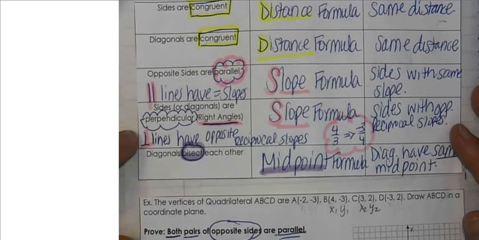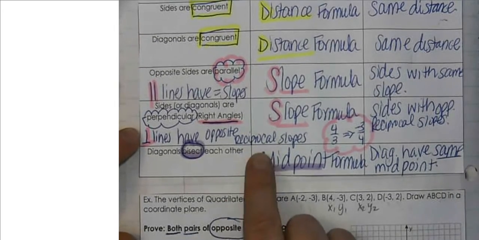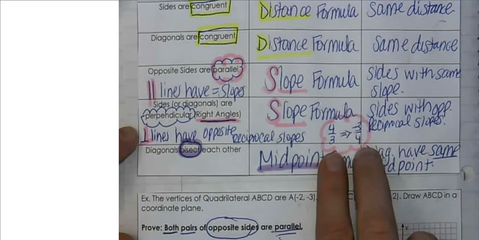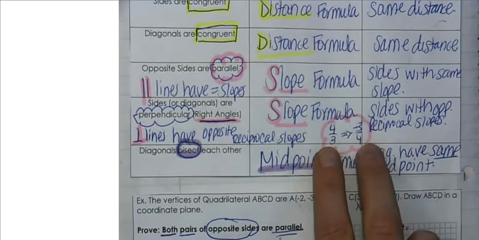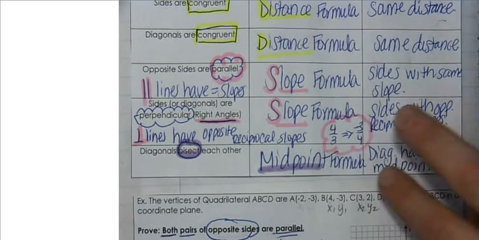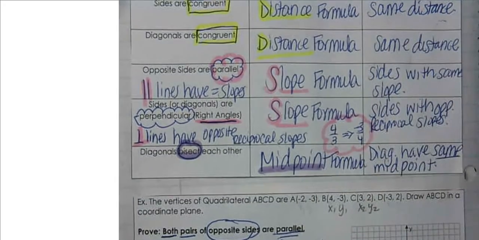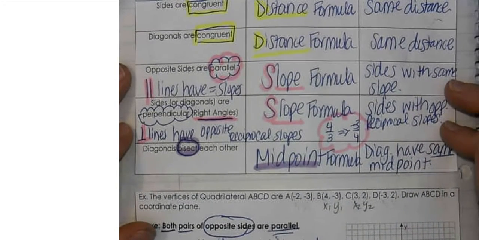If you notice that the slopes are opposite reciprocals, that means they have the same numbers, but one is positive, one is negative, and the fraction has been flipped. So we flip the fraction, switch the sign. That is an opposite reciprocal. If you notice that, then that means you have right angles. If that relationship doesn't exist, then you do not have right angles. So we use the slope formula a lot for that determination.